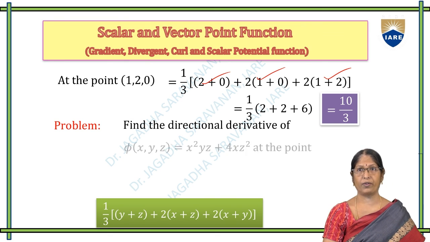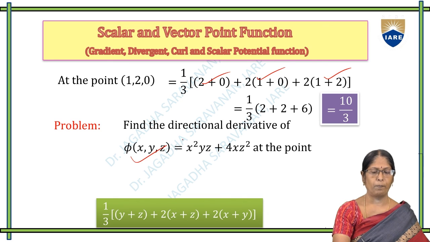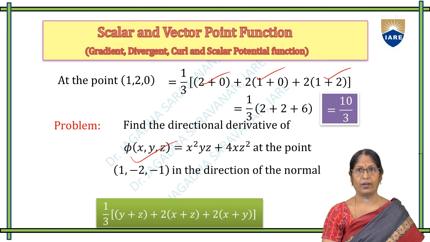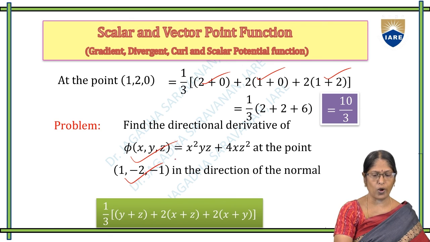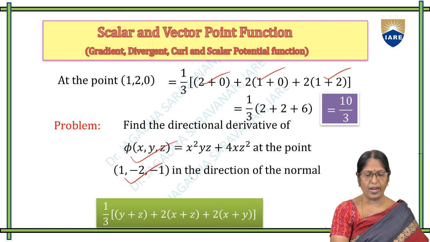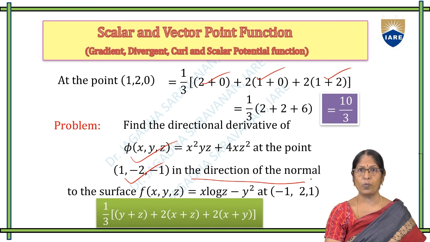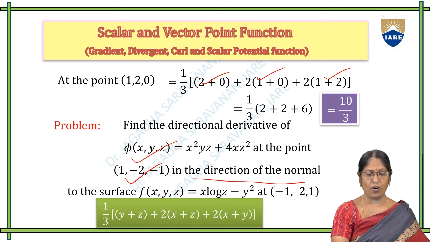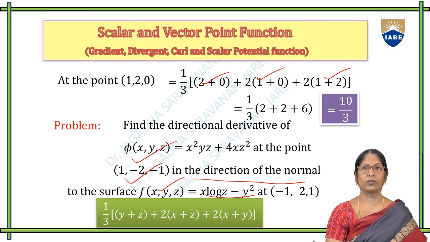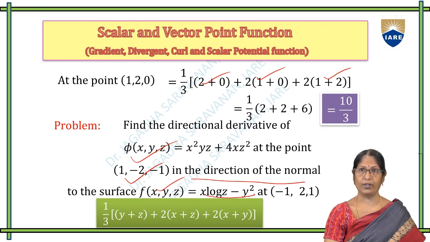Find the directional derivative of φ(x, y, z) equal to x squared yz plus 4xz squared at the point (1, -2, -1) in the direction normal to the surface f(x, y, z).